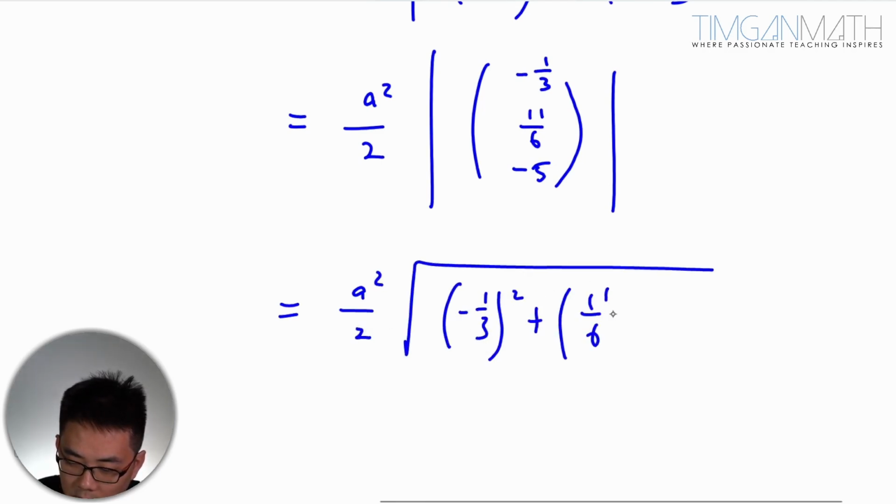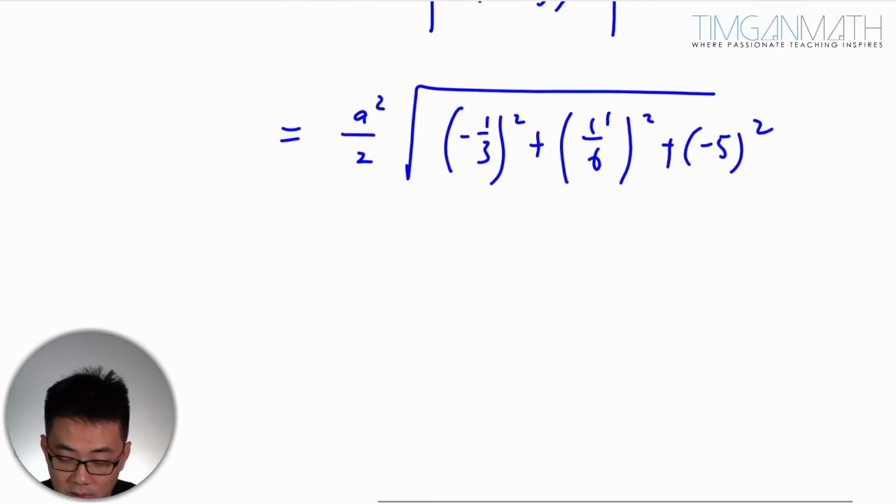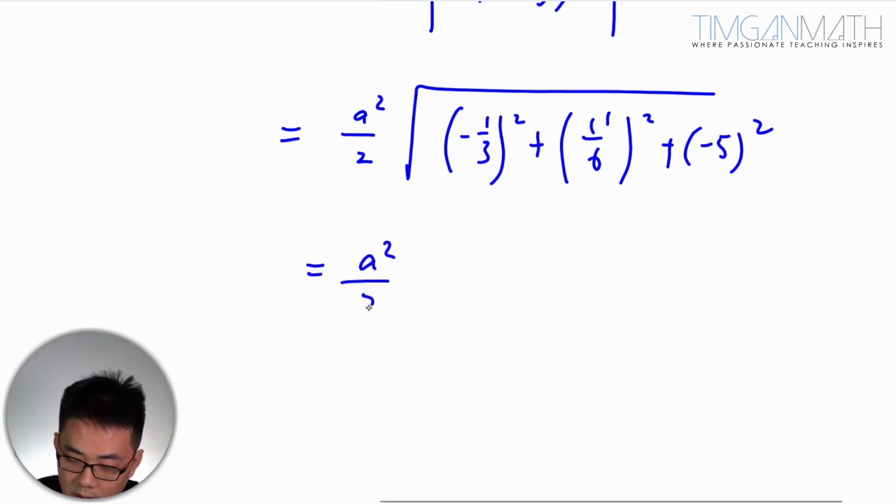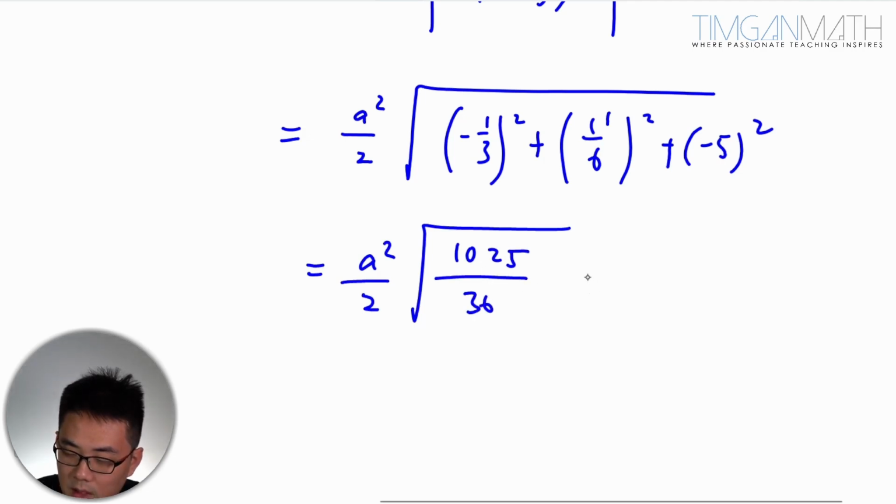You just need to double check. Okay, cross product is pain. It's really a pain. So key in calculator, this is 1 over 9, plus 11 over 6 squared, plus 25. That will be a very nice number here. This is 1025 divided by 36. This will just be similar with what we did just now.